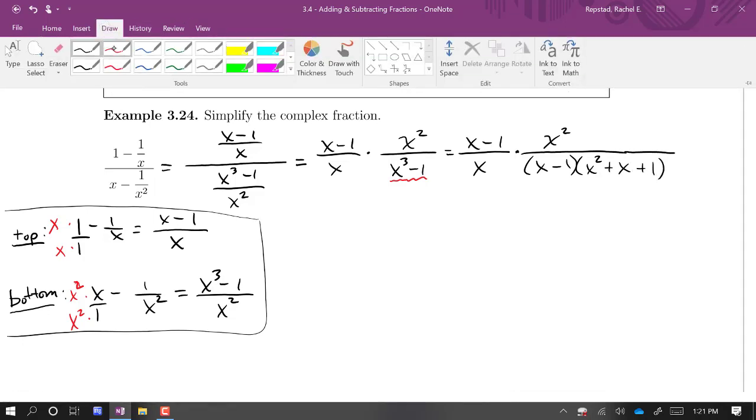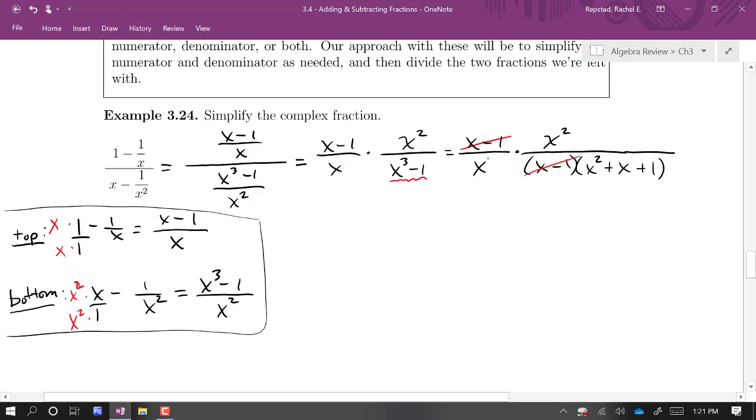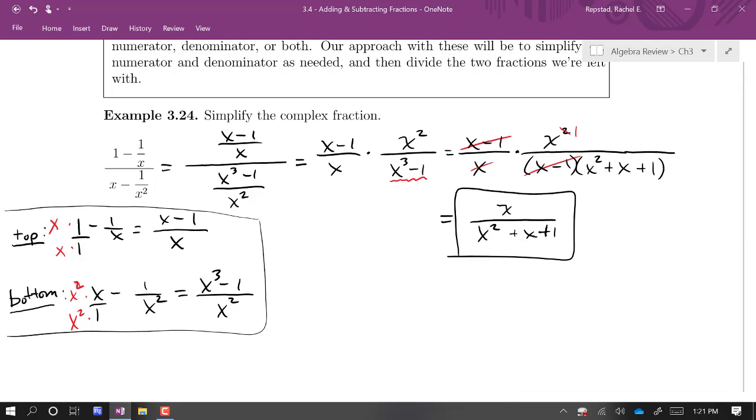And now we can cancel what will cancel. There's the x minus 1. And x cancels with one of those factors of x, and we get x over x squared plus x plus 1. So that is one technique, simply to attack the top and the bottom as separate problems and then do the division problem when you're done.